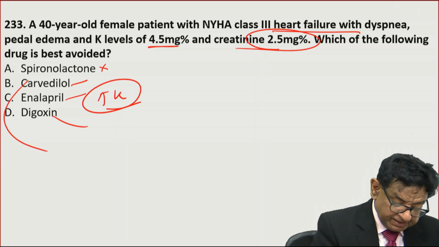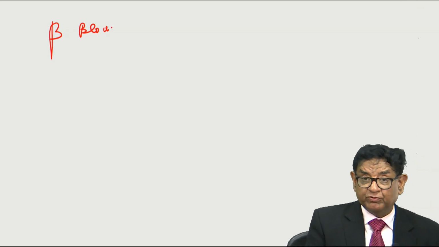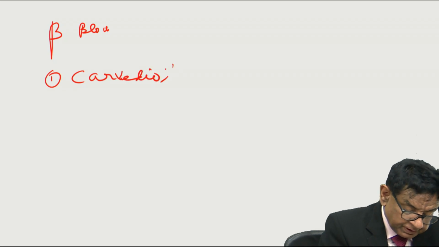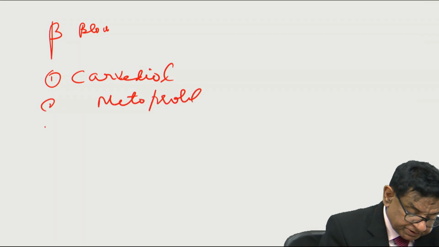Now, extra edge. Carvedilol, one more thing, there are only a few drugs. Now you are well aware that beta blockers can be used in CHF. What are the beta blockers which have been approved? Only three. One is carvedilol, second is metoprolol, and bisoprolol.